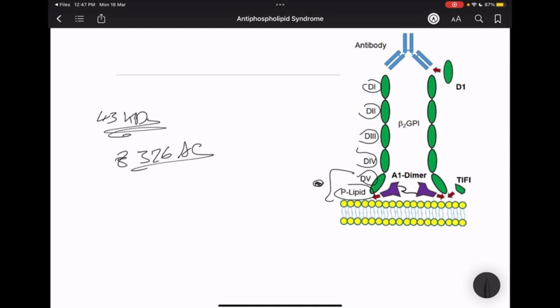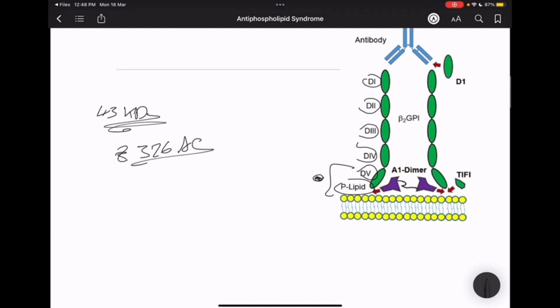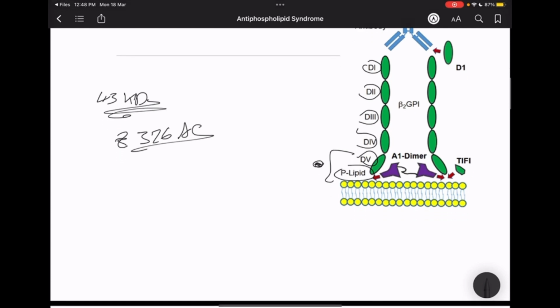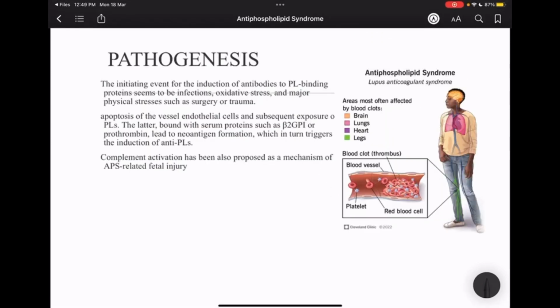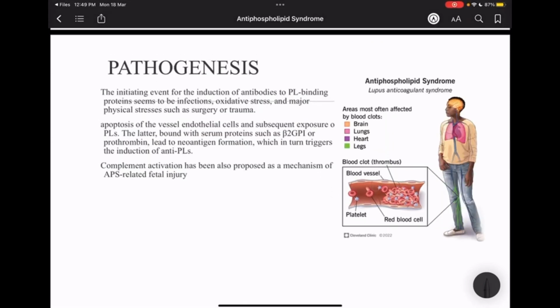This is really important because some, or even maybe the majority, of patients with antiphospholipid syndrome will have a positive VDRL test, which doesn't mean that they have syphilis. It's just a false positive serologic test.